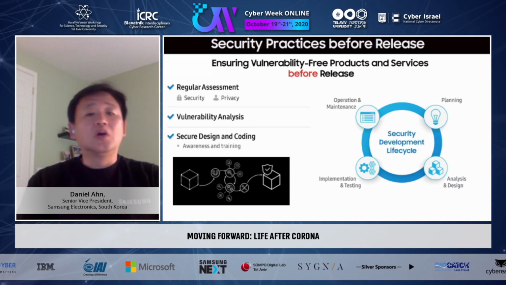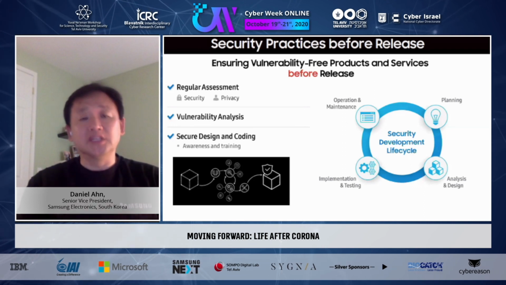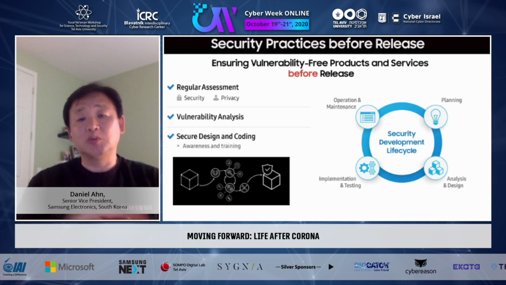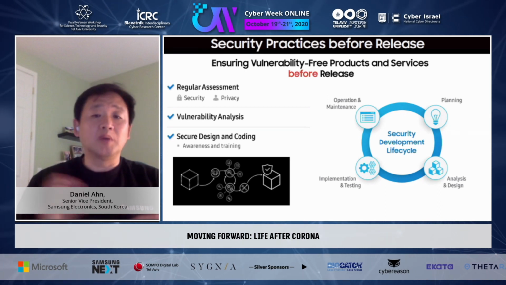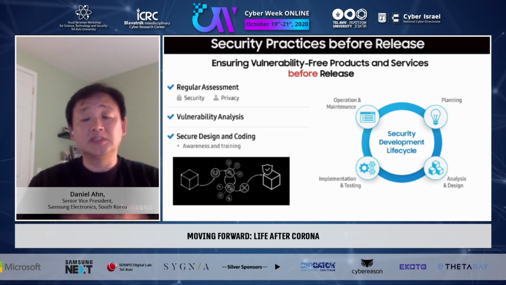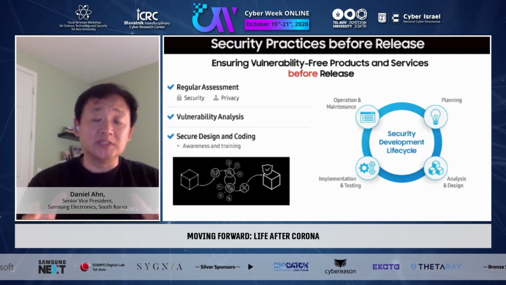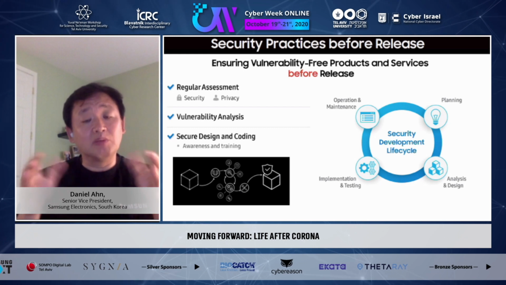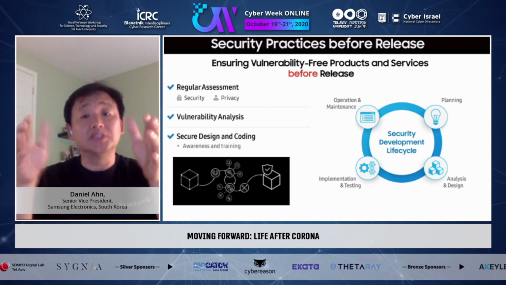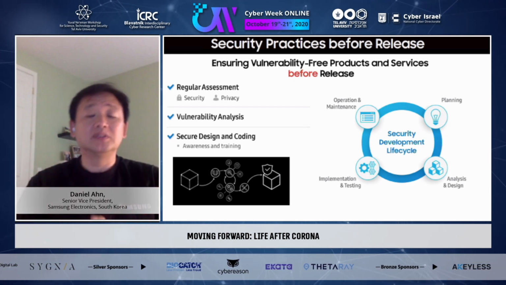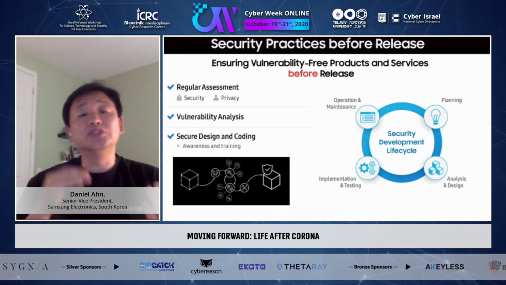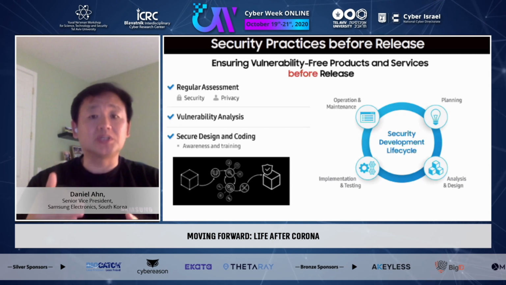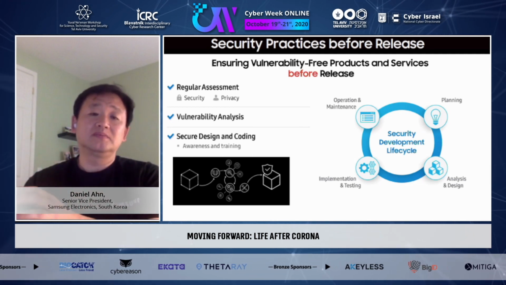But another important practice applies when you are building products, especially mobile devices. Even though I said mobile devices, it includes the mobile devices themselves as well as all the frameworks, components, and application services of mobile devices. So we have to ensure vulnerability-free products and services before release.